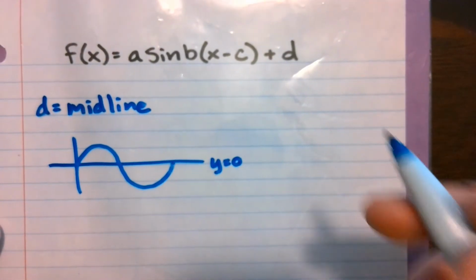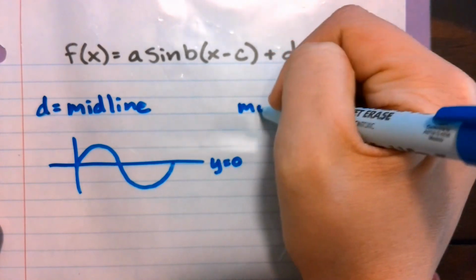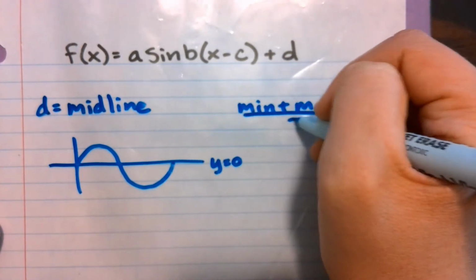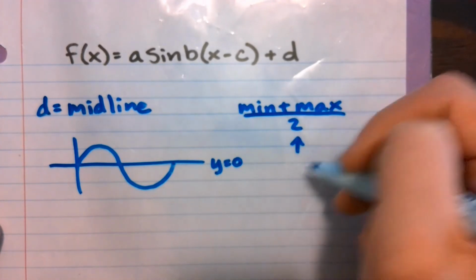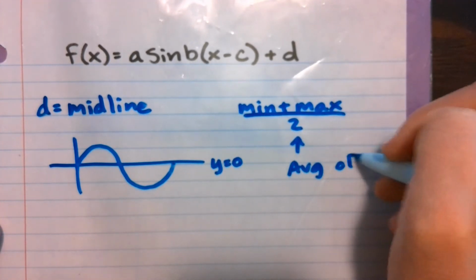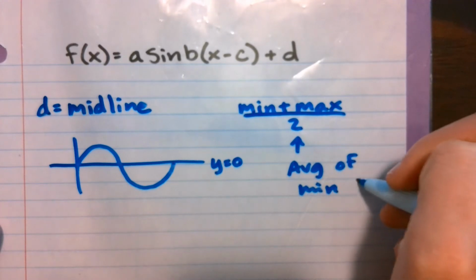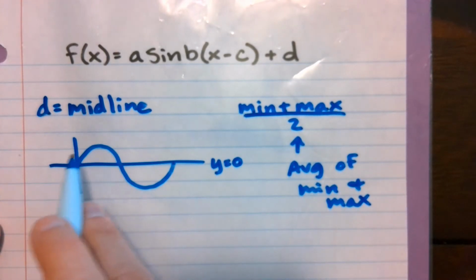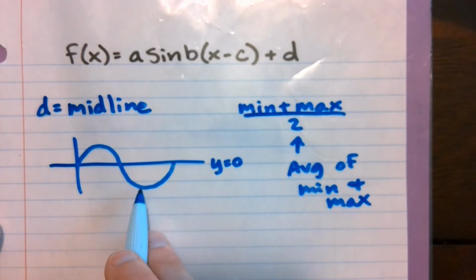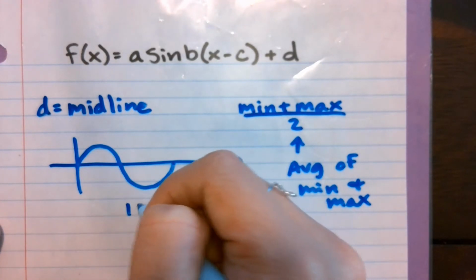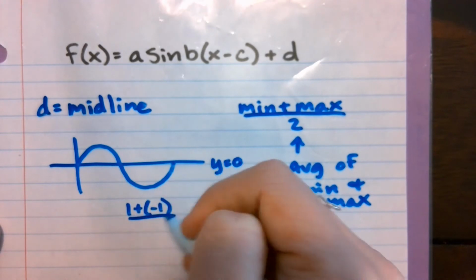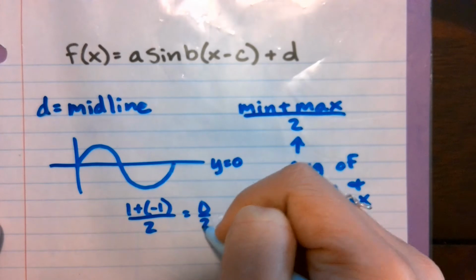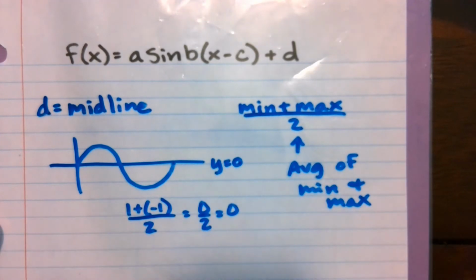And the way that we find the midline is by taking the min and the max and finding the average of them. So we're taking the average of min and max, which makes sense. For our parent function, our max is 1, our min is -1, so we're just saying 1 plus a -1 divided by 2 is just going to be 0. So that's why our midline ends up being at 0.